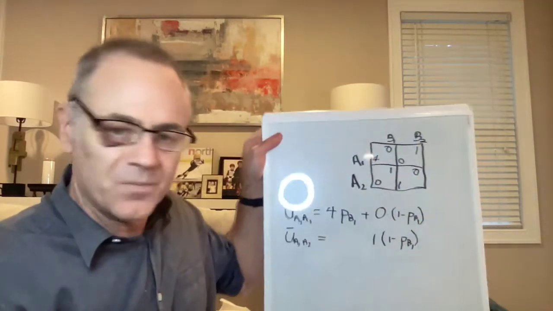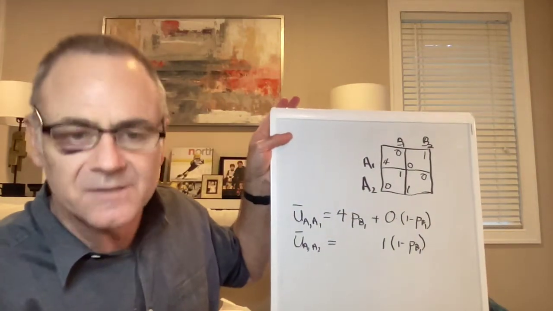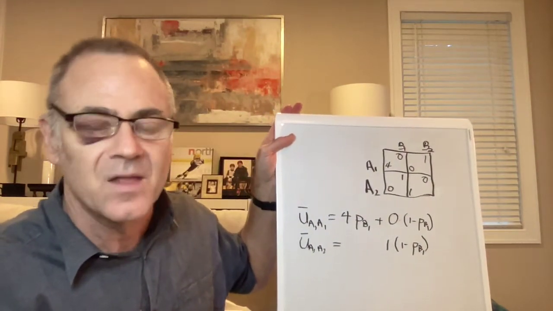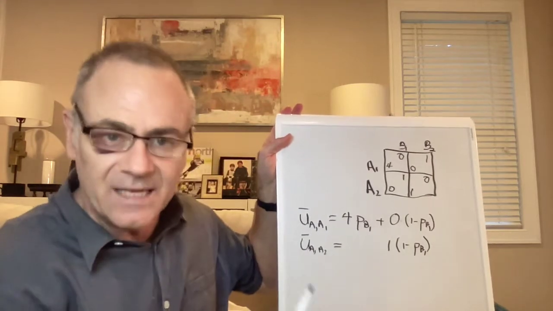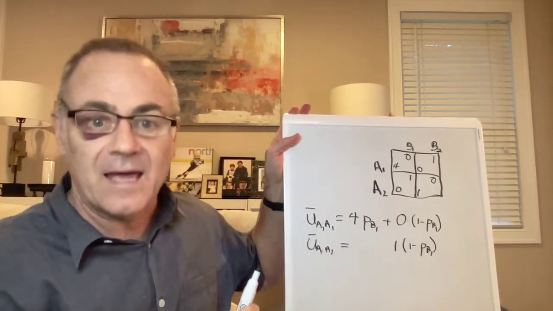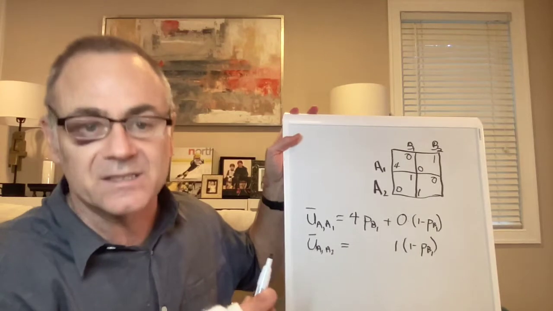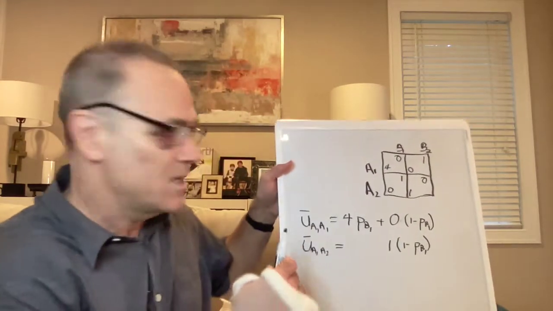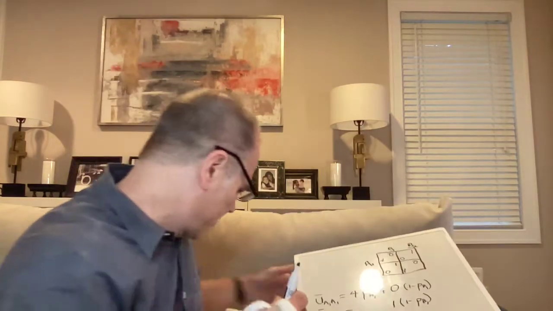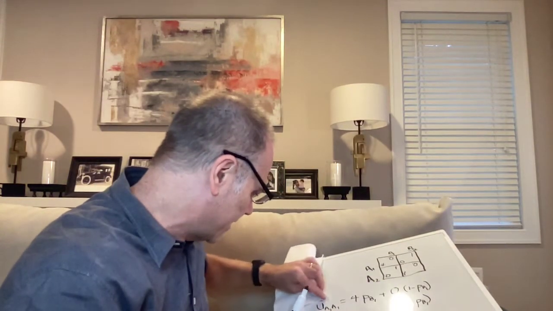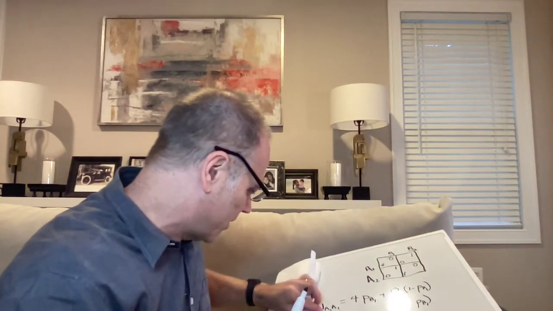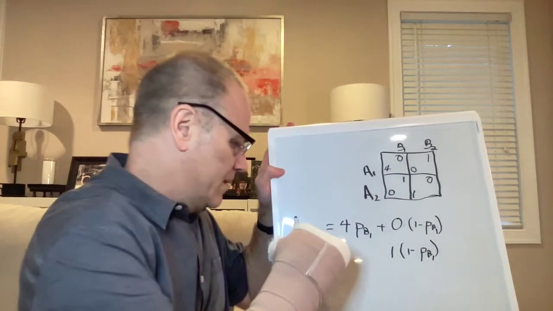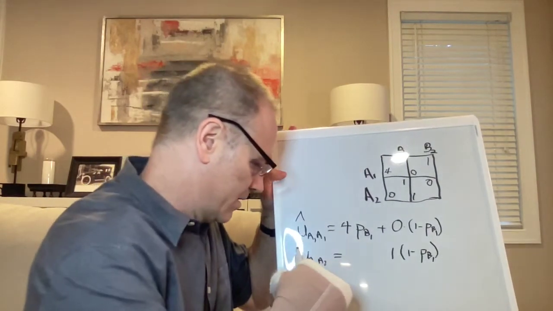First, I'm going to erase the bars and put hats. U bar is the seen utility. U hat is the total utility, so it's the seen utility plus an error term. So erase the bars, put in a hat.